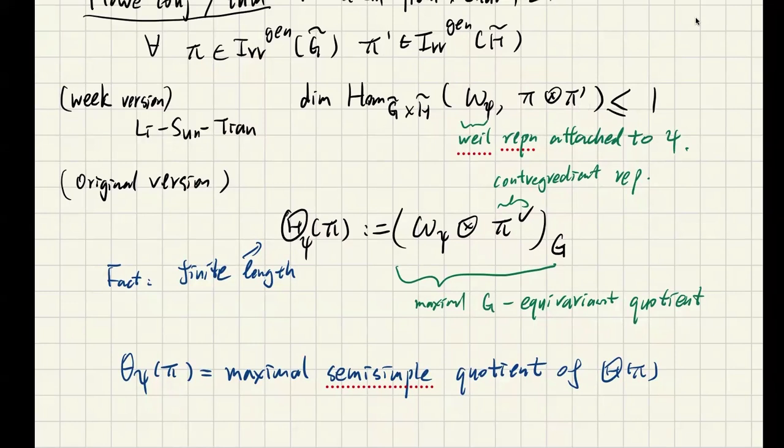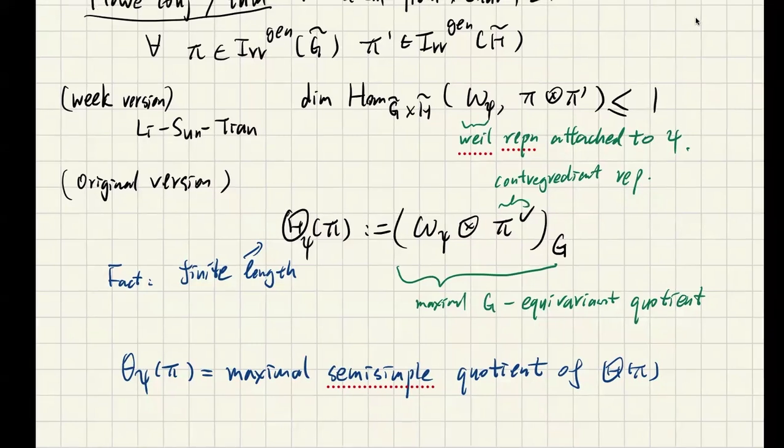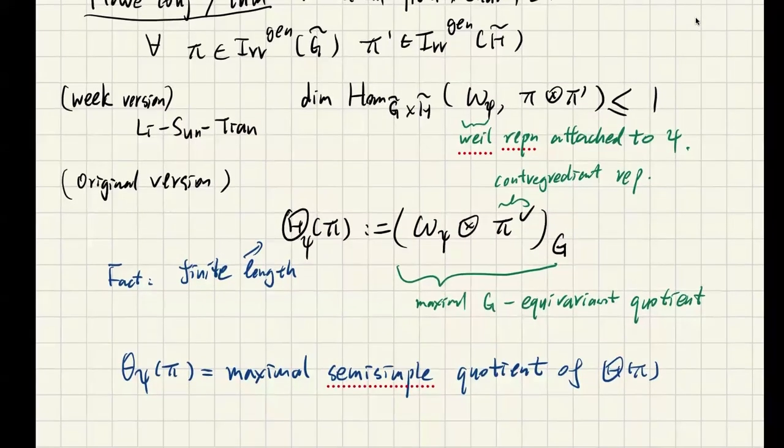Notice that the center acts by the inverse, so if you multiply them together, the center action will be trivial. So the total action of G tilde on this space descends to a G action. You can take the maximal G-isotypic quotient, the G-equivariant quotient. This one will be a G × H tilde module.